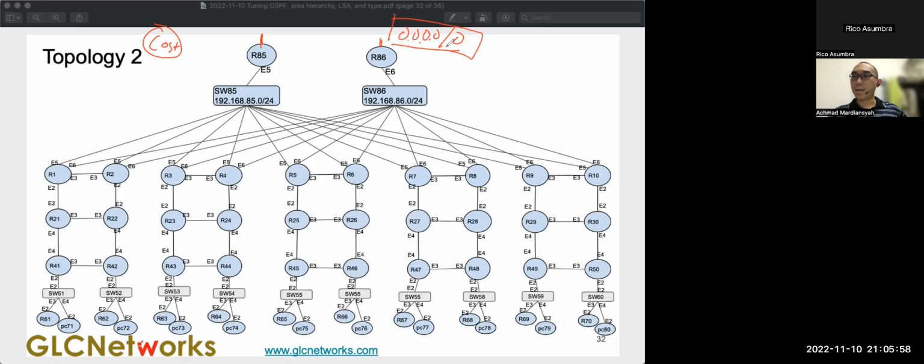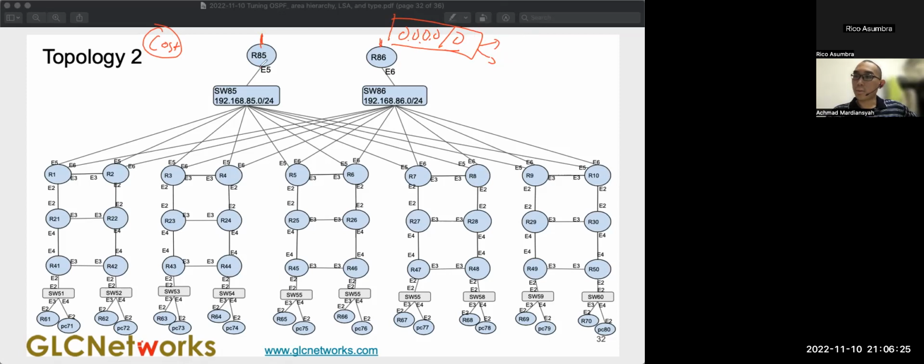And then we can define whether it's external type 1 or type 2. I forgot the difference, but one of them includes the internal cost in the total, and the other just considers the external.